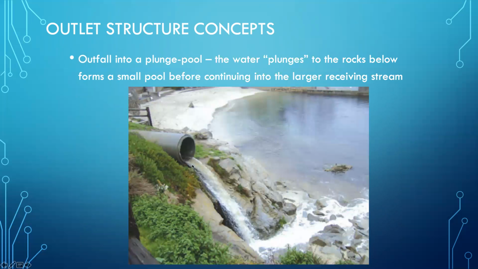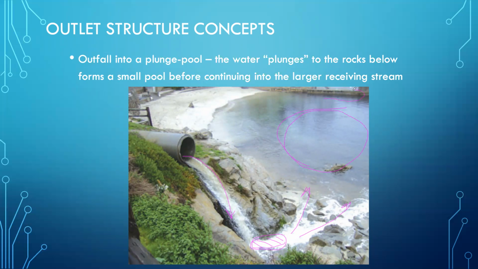Here's another type of plunge pool design. To me, this photograph looks like it was intentionally designed, and there's quite likely grouting that's been added into these existing rocks so that the high energy water comes down, hits these rocks, which play the role of an energy dissipator, and makes its way into this larger pool, which in turn connects on downstream.